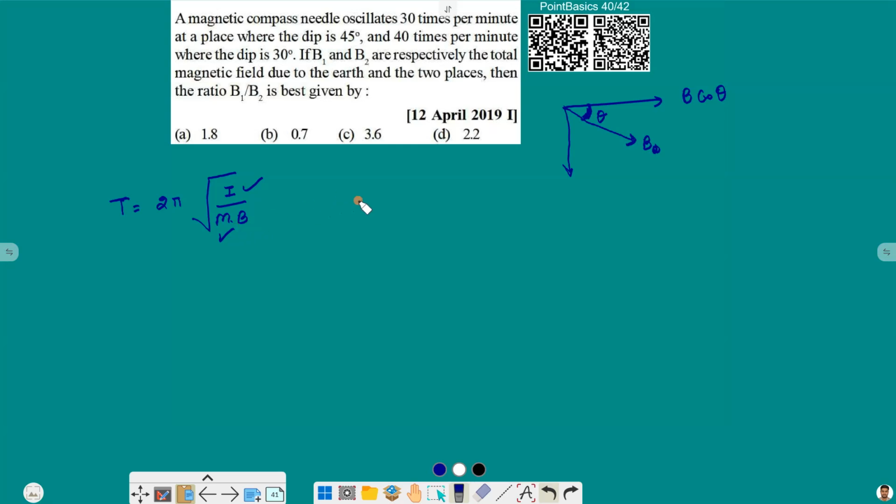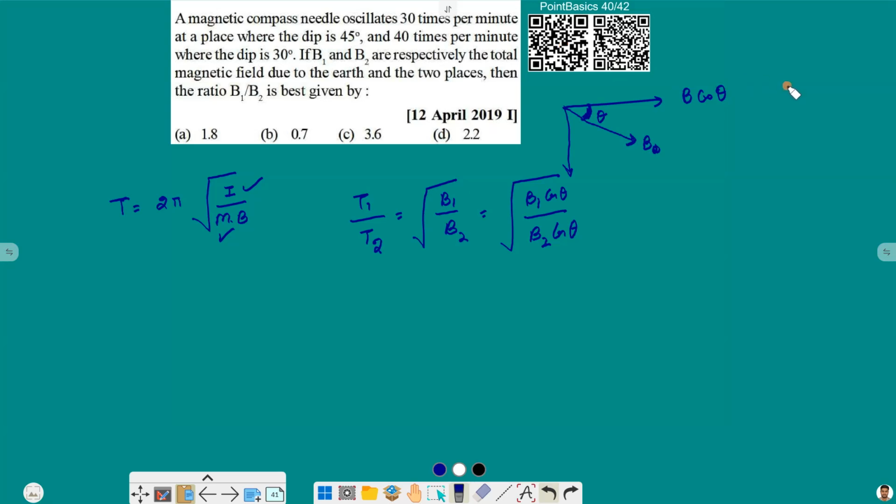So we can say T1 by T2 is equal to B1 by B2, and this B1 is the horizontal component of the field, so it will be B1 cos theta, and for the second it will be B2 cos theta.